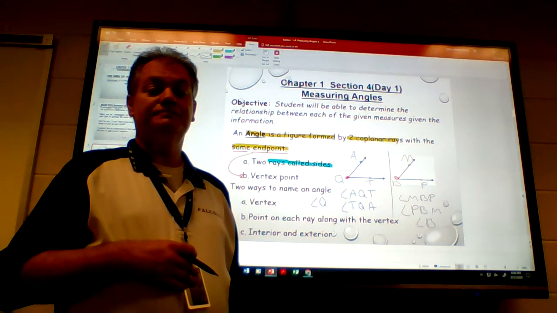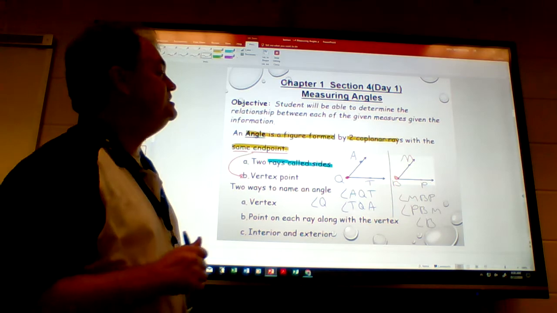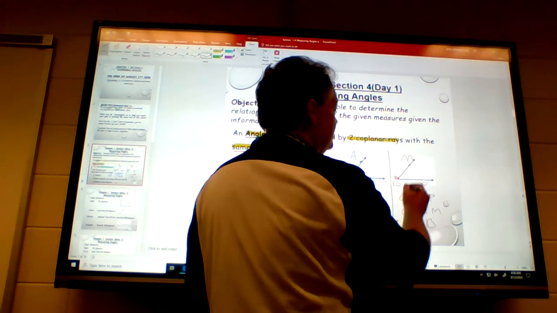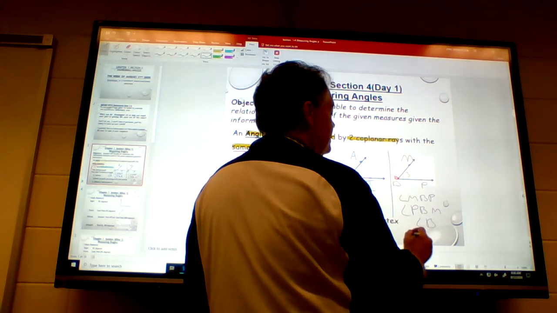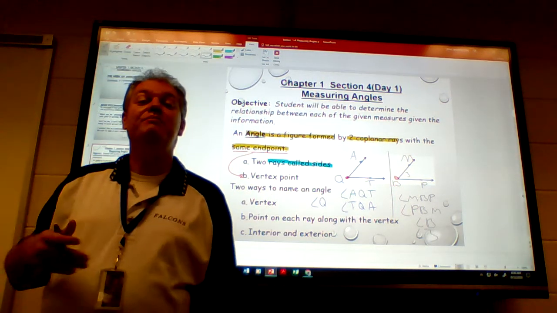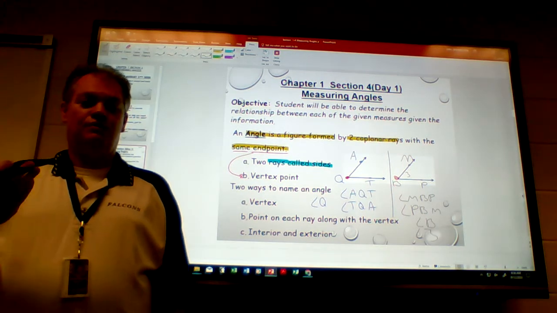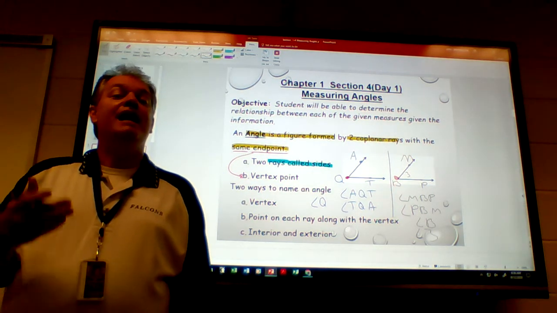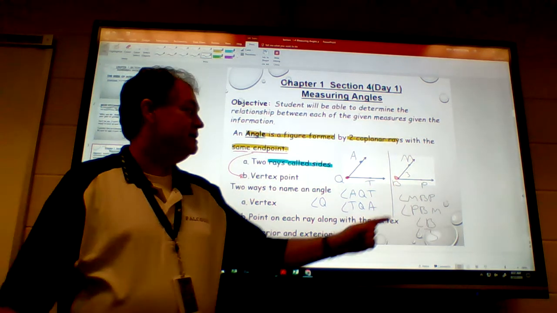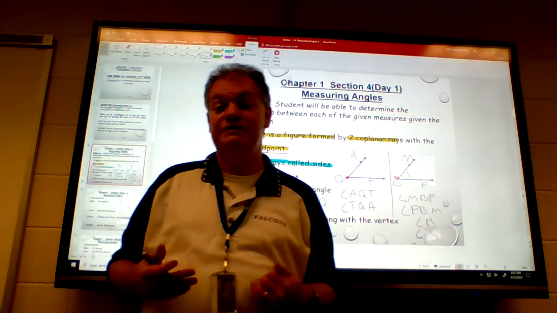Now, in some cases there may be, say, a number. Let's say there's the number 3. Sometimes they'll throw a number inside the angle or a symbol or something of that nature, and you can go ahead and name the angle by that symbol or by that number, as long as it's inside the angle, just like you see there.